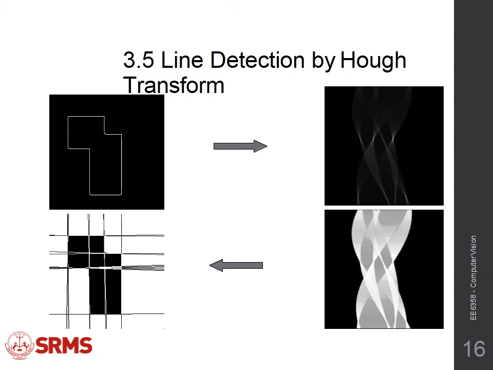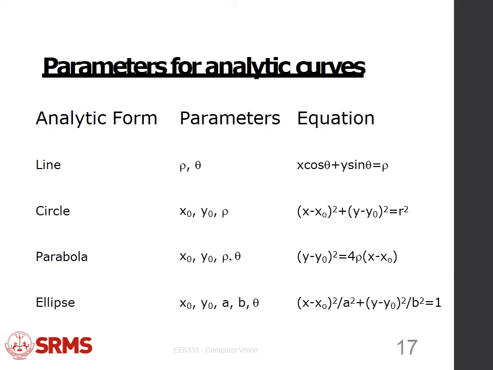So first and foremost, they have converted into the reciprocal format and converted into the Hough binary image of values 0 and 1. The parameters for analytical curves are line, circle, parabola, ellipse. The line can be represented as x cos theta plus y sin theta is equal to rho.